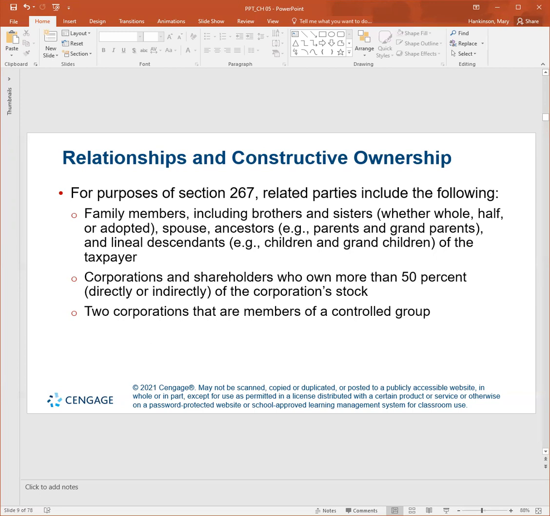Constructive ownership provisions must be considered when determining whether taxpayers are related for purposes of section 267. Under these provisions, certain taxpayers are treated as if they own stock directly owned by others. For example, for purposes of applying the test of section 267, a taxpayer will be treated as owning any stock directly owned by his or her family members.